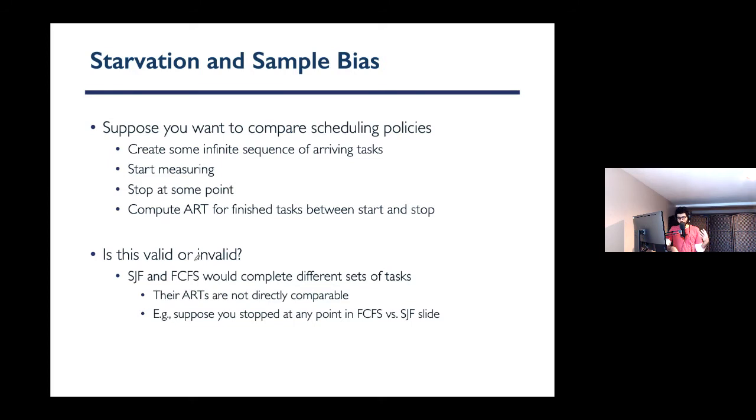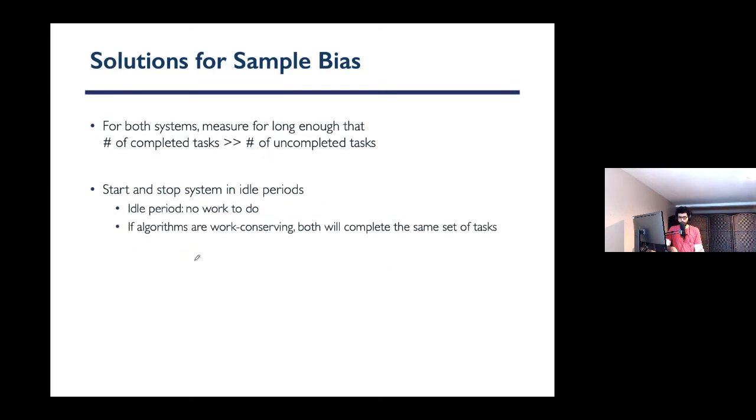Now, how do we make sure that this doesn't happen? One solution for sample bias is to, instead of fixing time, instead of saying I measure the performance for 2 days, measure performance for a set of tasks.